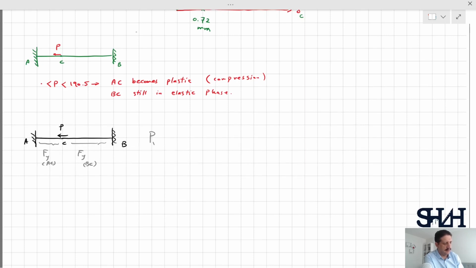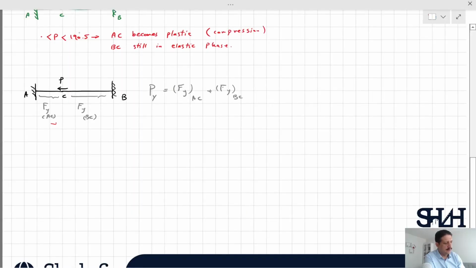Then P yield, or yielding force of P, will be the summation of these two forces, Fy of AC plus Fy of BC.